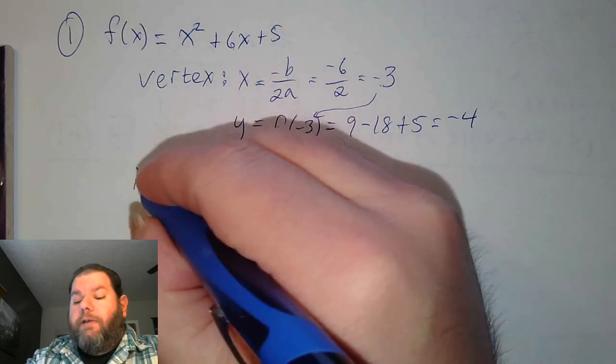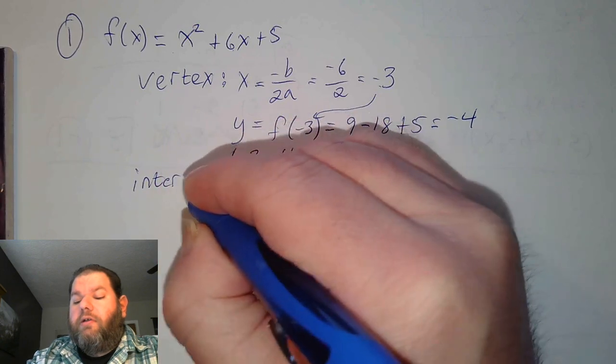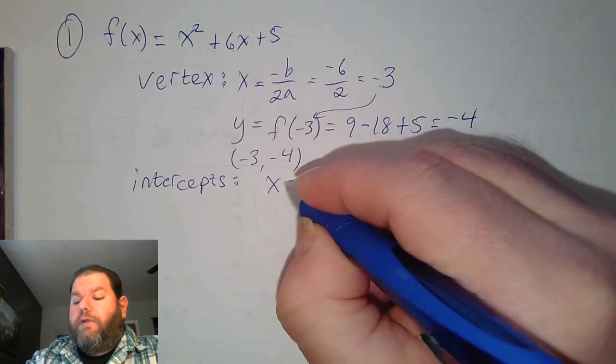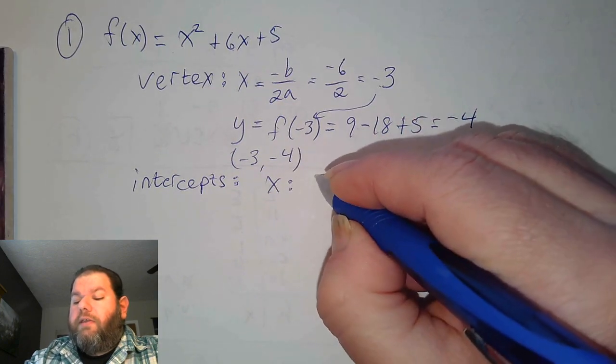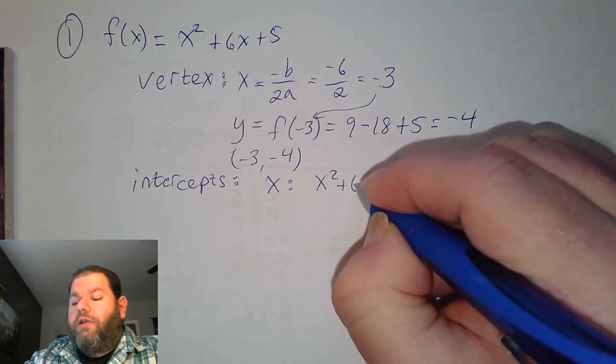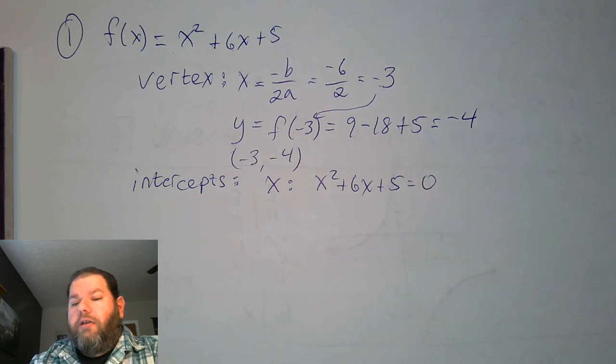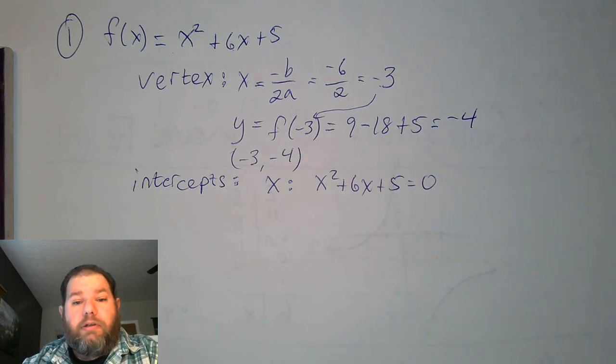Now the intercepts, first of all, for x, we set the entire expression equal to 0. And this problem should be factorable. I don't know why we wouldn't make this a factorable expression. I completely expect that to happen on the final. If I remember right, it is.